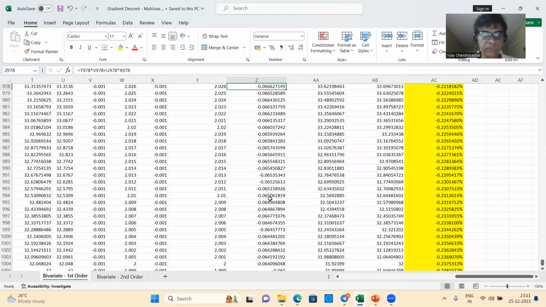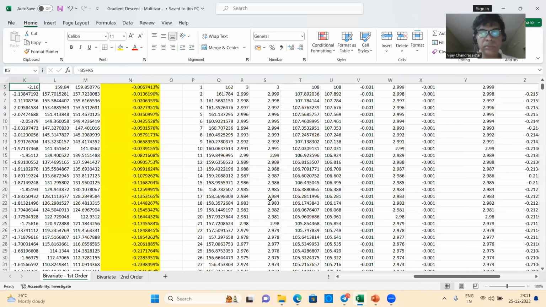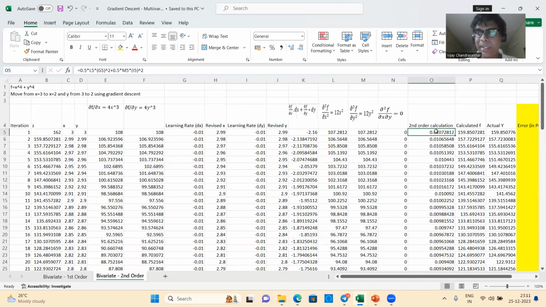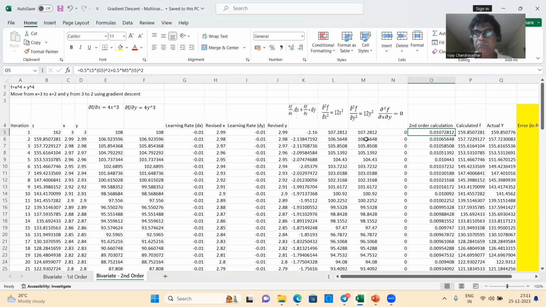So if you go to this number, I have my second order calculation. No rocket science there. It's just doing this calculation here. Whatever you get to see. Then I have my calculated f, which is nothing but.